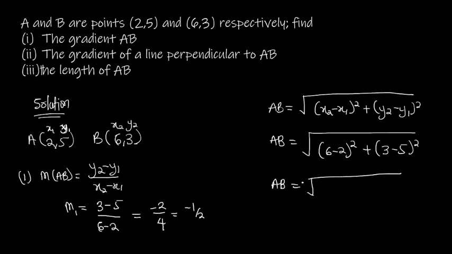The length of AB will be equal to 6 minus 2 will give me 4 squared, plus 3 minus 5 will give me a negative 2. So I have negative 2 squared. So the length AB is equal to the root of 4 squared is 16 plus negative 2 squared is 4, and this is equal to the root 20.